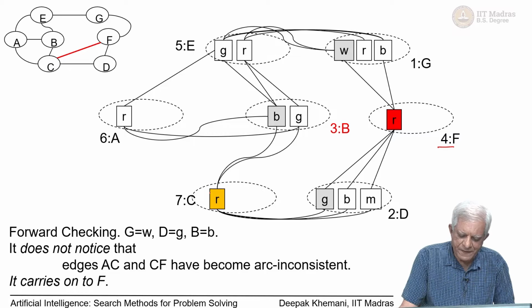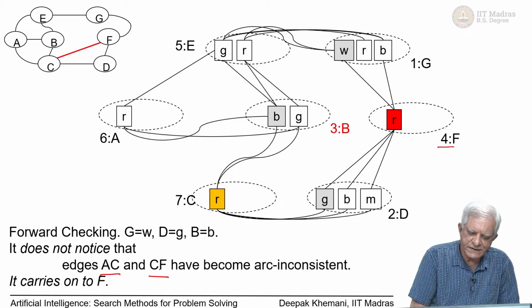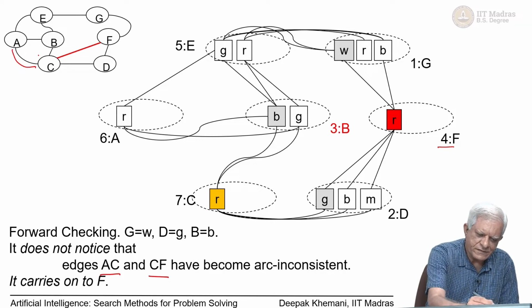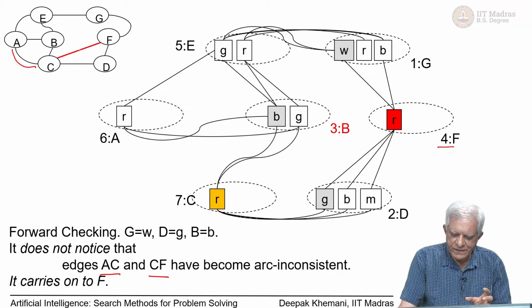Not only that, it does not notice that the edges AC and CF, what are the edges AC and CF? AC is this one and CF is here, have become arc inconsistent, because it is only looking at a future variable which is C, and it is going to delete that value from there essentially.